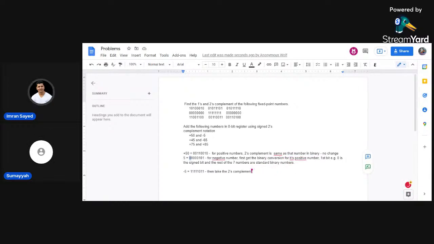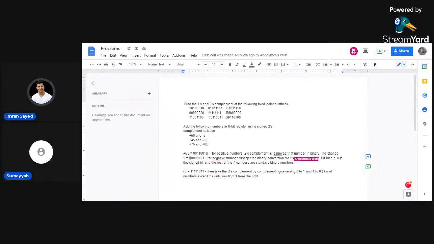Then take the 2's complement by complementing, reversing 0 to 1 and 1 to 0 for all numbers until you find 1 from the right.